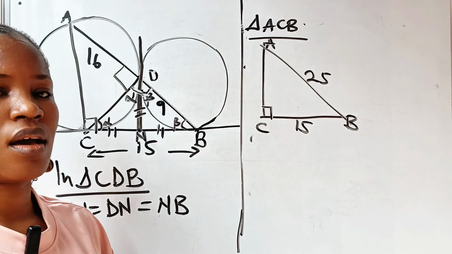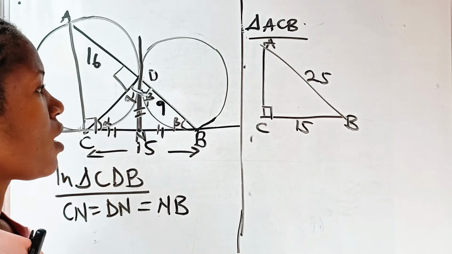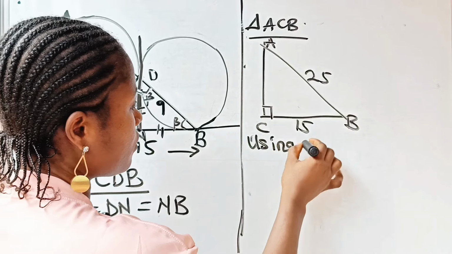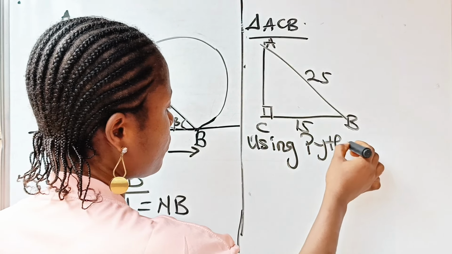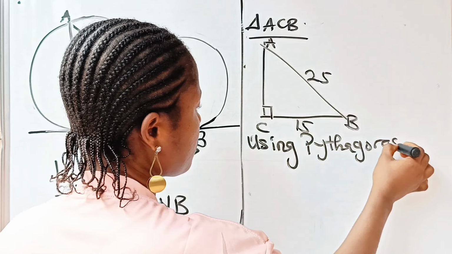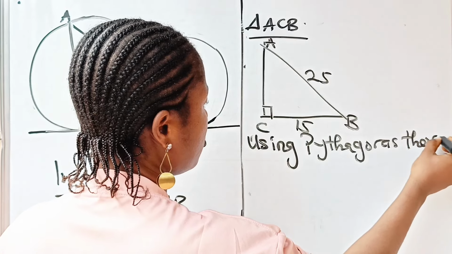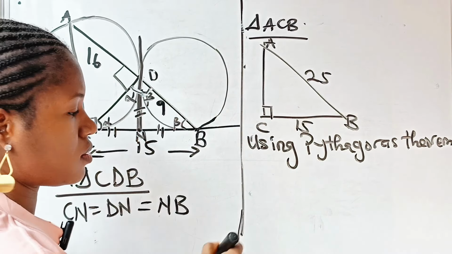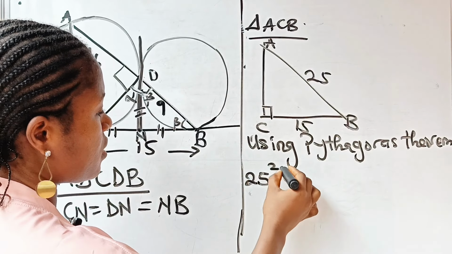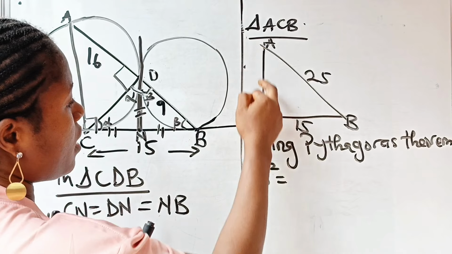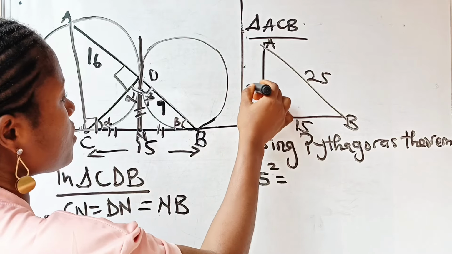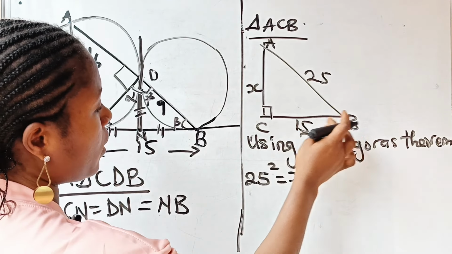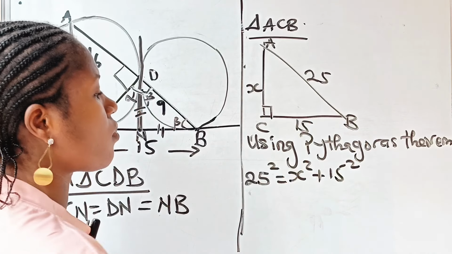So using the Pythagorean theorem, or Pythagoras theorem, it states that 25 squared, the hypotenuse squared, will be equal to AC squared, which we don't know, let's just call it X, plus CB squared, which is 15 squared.